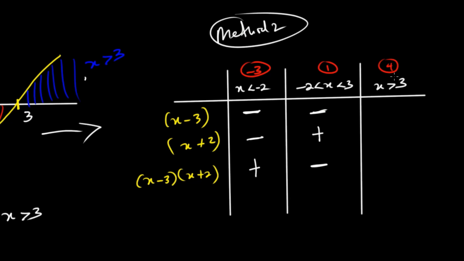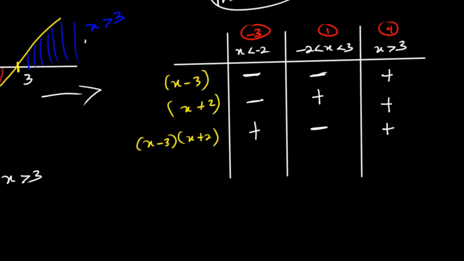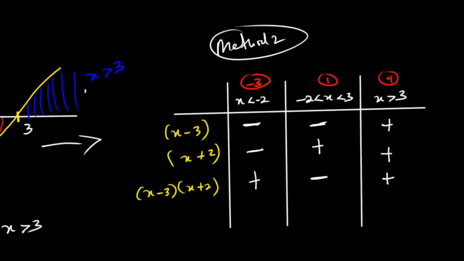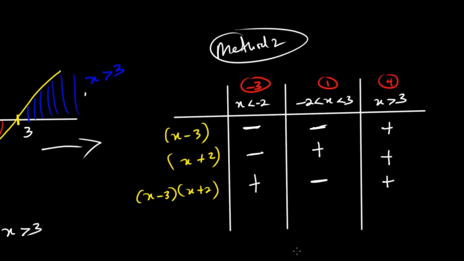Lastly, if I substitute 4 into x minus 3, I have 4 minus 3, which is positive. And 4 plus 2 is 6, also positive. The product of positive and positive is positive. So you can see that we have two positive answers, and since we are looking at greater than, as I mentioned, we map greater than to positive and less than to negative.